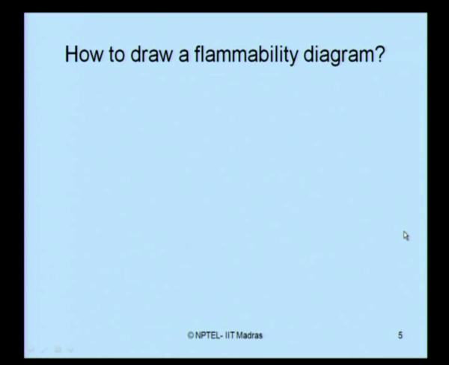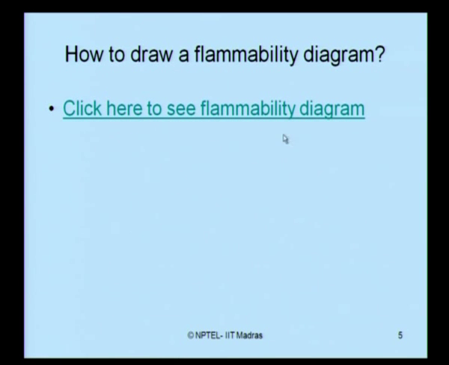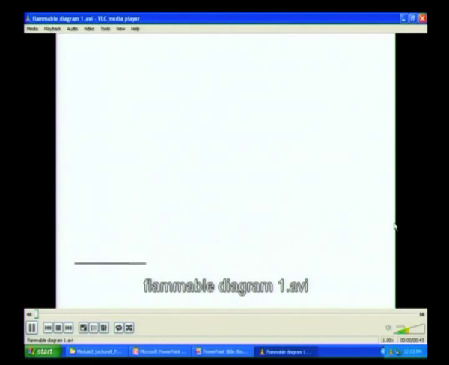Now once I get this, for all the LFL and UFL values in pure oxygen and in air, I already know for methane. Let us try to draw the flammability diagram again for this given example.